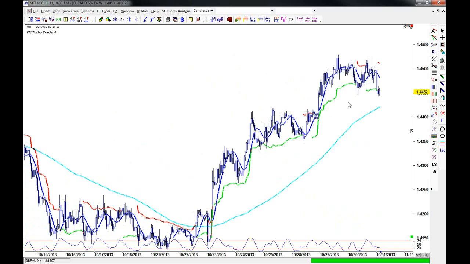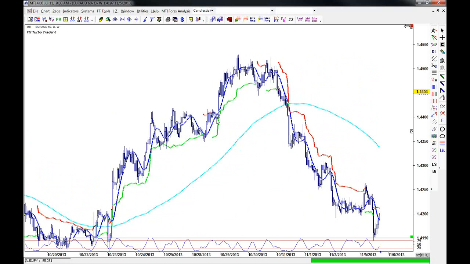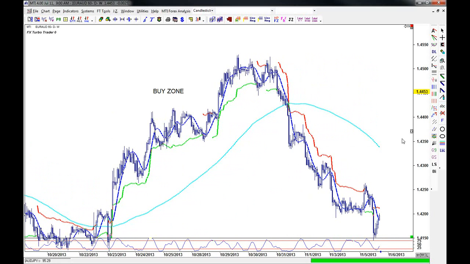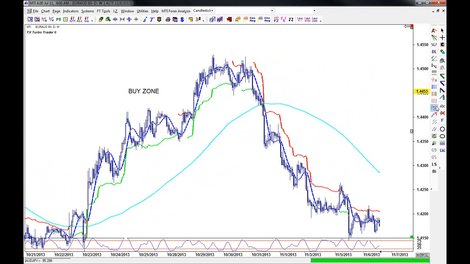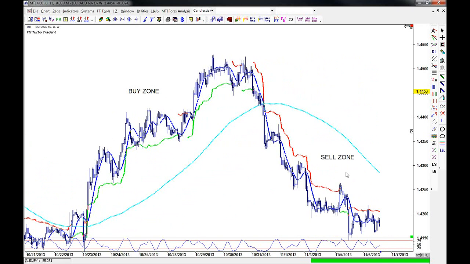Does everyone see that? When the candles are below the teal blue line, the market is going down. So above the teal blue line, we're going to call that our buy zone, and below the teal blue line, we are going to call that our sell zone. Boom, right there. Buy zone, sell zone.